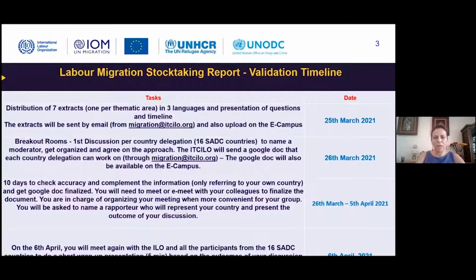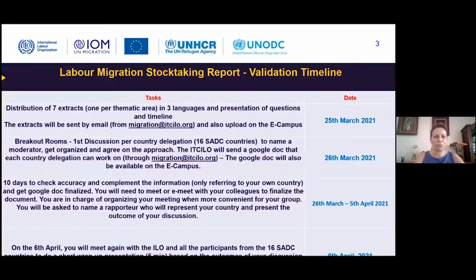So today we are going to be distributing to you the 7 extracts that we have pulled out of the stock-taking report, covering the 7 thematic areas that we are studying this week.